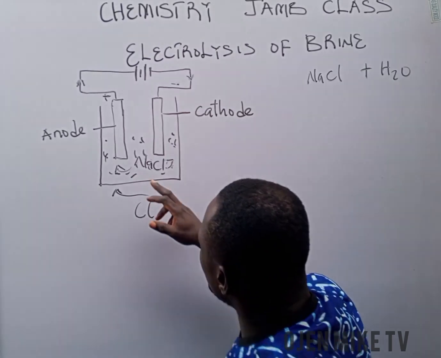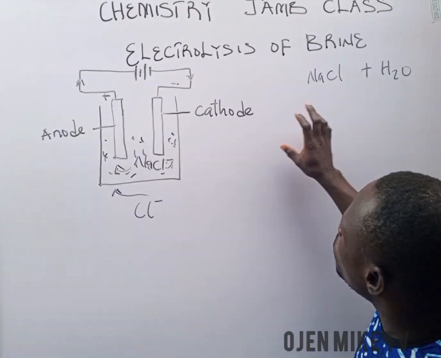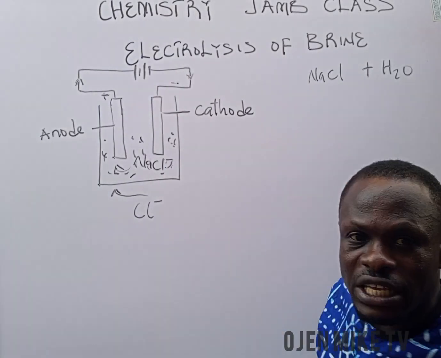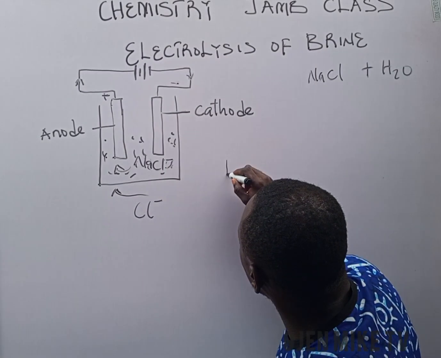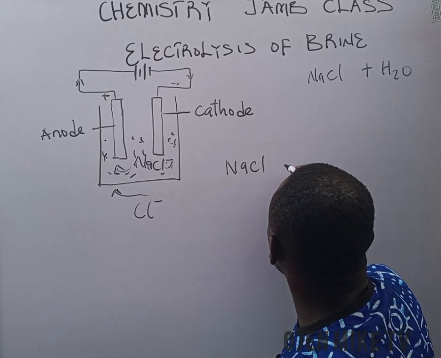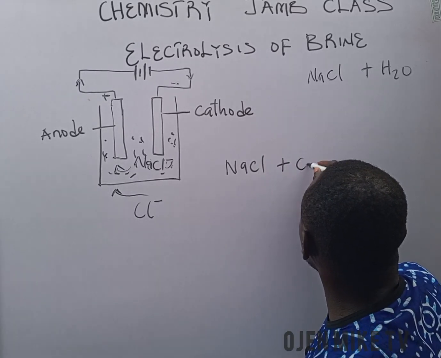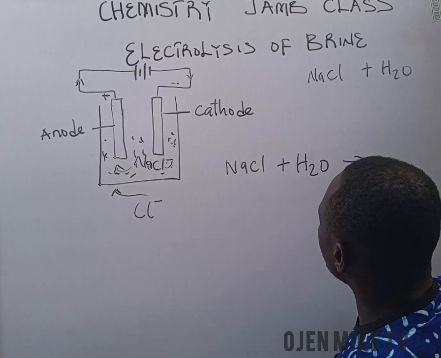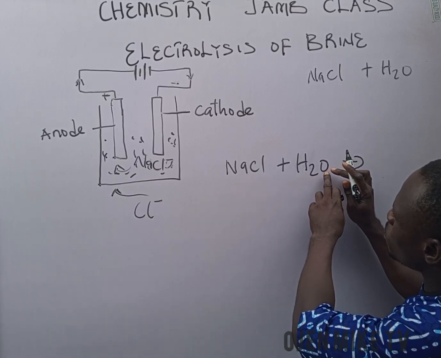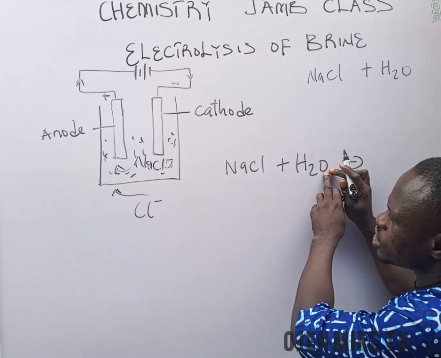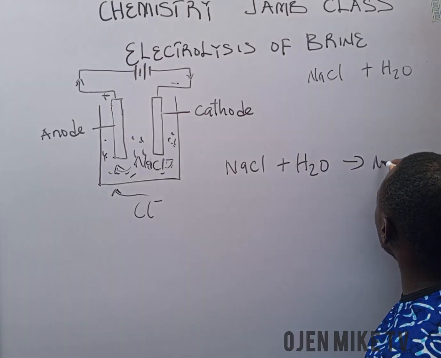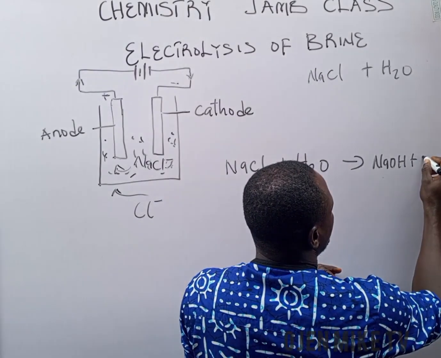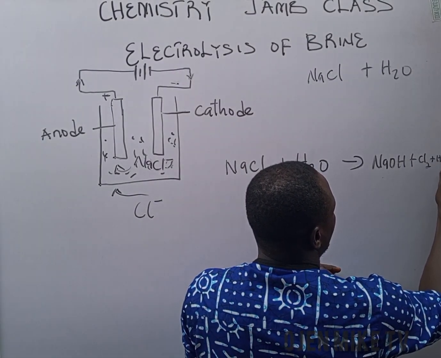But then look at this particular thing. Immediately, sodium will react with water. Look at the overall equation here. We have NaCl plus H2O reacting to give sodium hydroxide, plus chlorine gas, plus hydrogen gas.